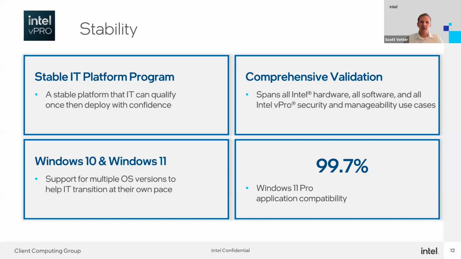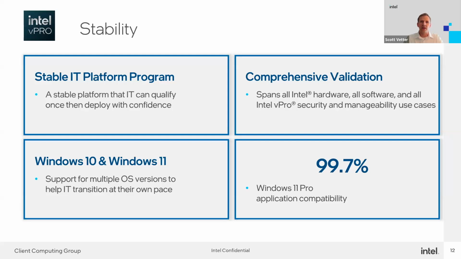Second, we focus on comprehensive validation. We have teams dedicated to validating all of the Intel hardware, software, and Intel vPro security and manageability use cases, including our own red teams that try to break vPro. As soon as they break something, we figure out how to fix it. We've been proactively searching out these stability and security issues for nearly 17 years now, resulting in what we believe to be the most stable and secure platform out there for enterprise.